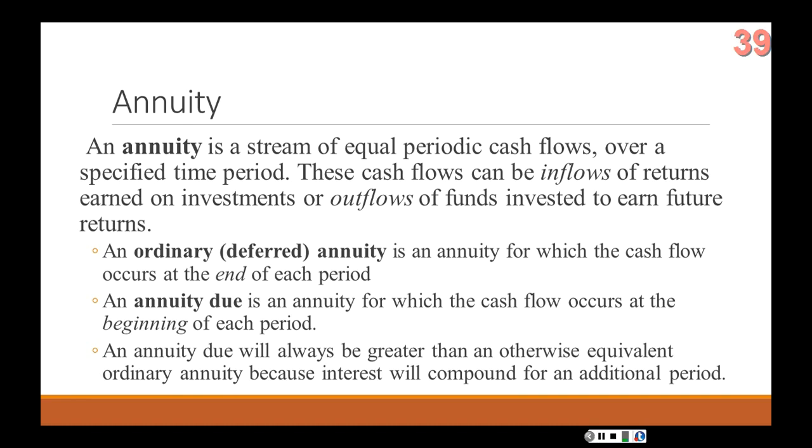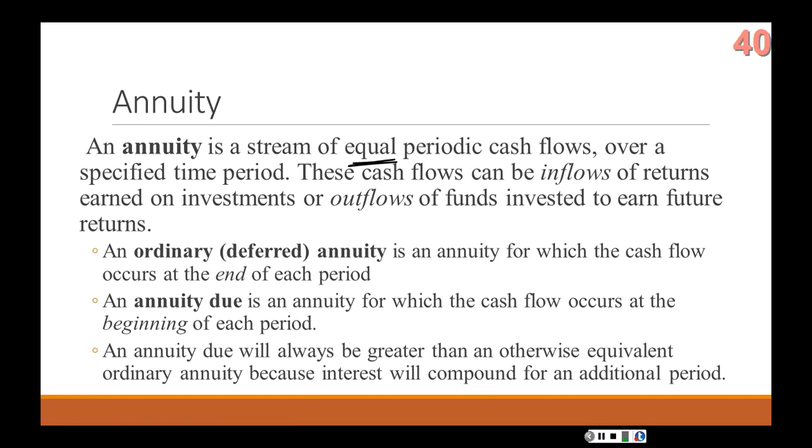So for example, you pay your credit card bill at the end of the period. You pay your electric bill at the end of the period. You pay your mortgage at the end of the period. Annuities are equal though, so you would have to be set up on some sort of payment plan for your electric bill to be equal throughout the entire year.